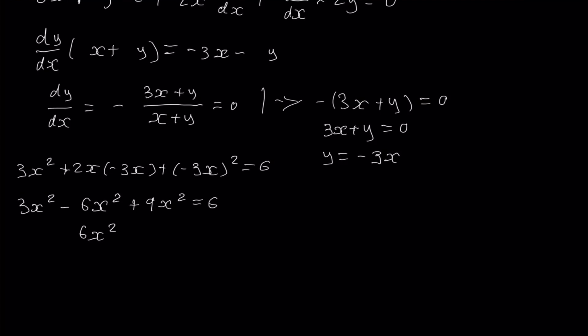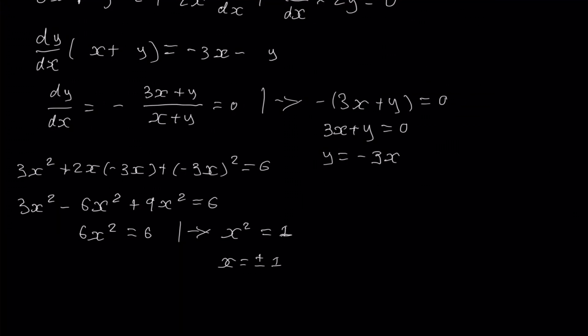So 6x squared is equal to 6. Divide both sides by 6, and we end up with x squared being equal to 1. We can now take the positive and negative square roots of both sides, and we end up with x being equal to plus or minus 1.